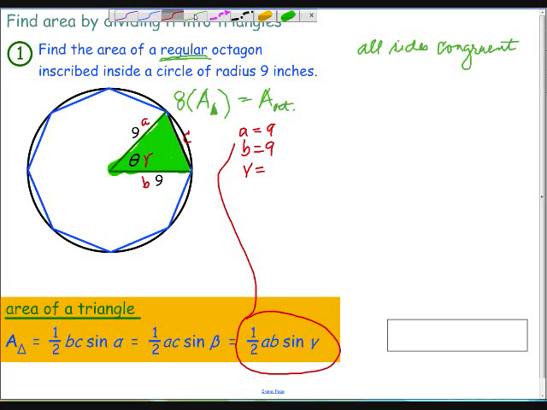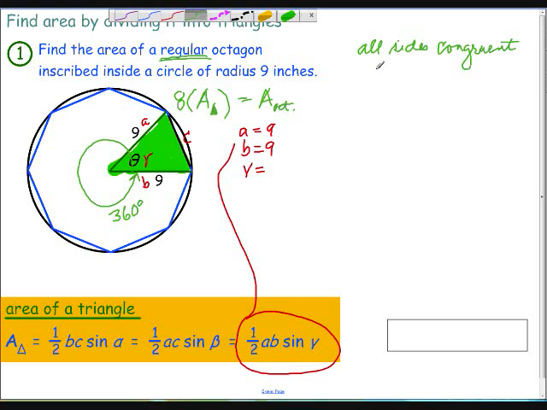seems like a question, might be hard to answer, but let's think about it. If we go all the way around, we've got 360 degrees. And an octagon will break up into central angles that are identical to one another.